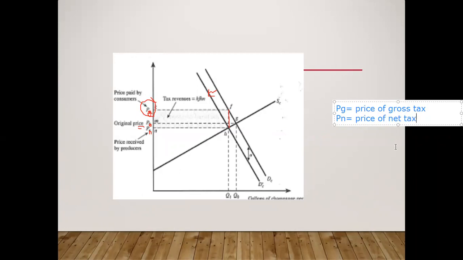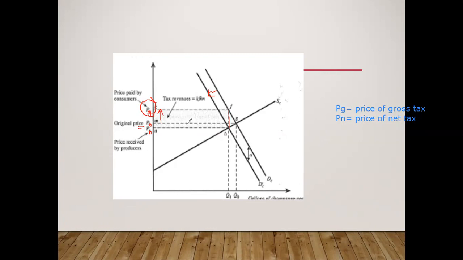Consumers are made worse off by the tax because PG is the new price they face. This is higher than the original price, right?